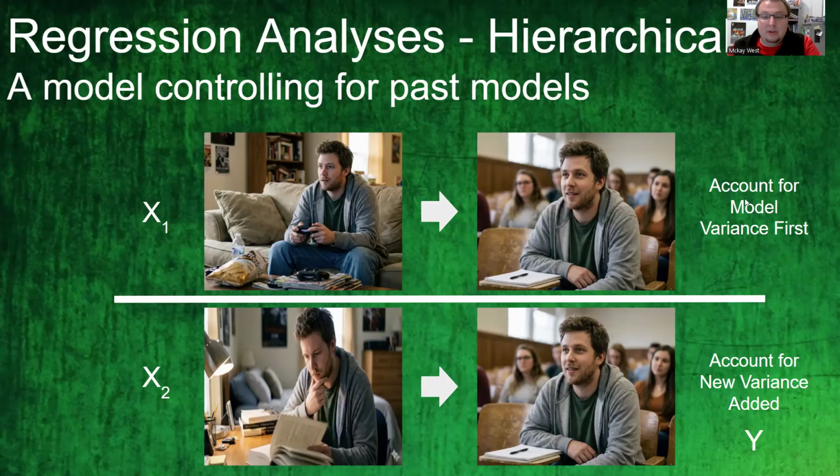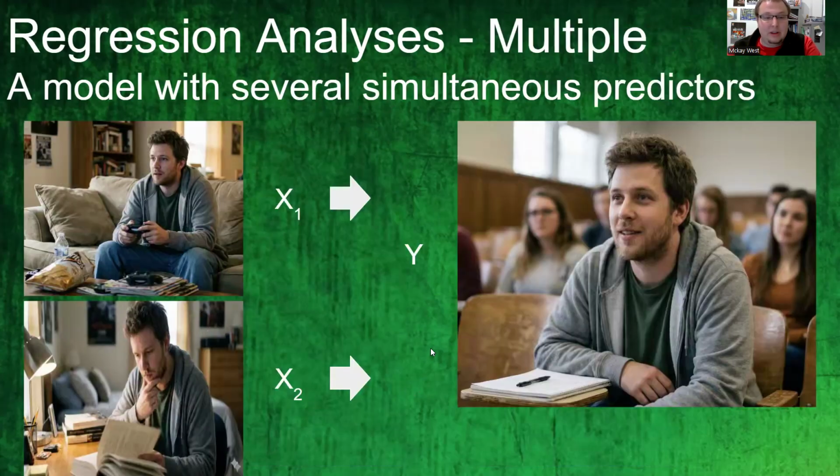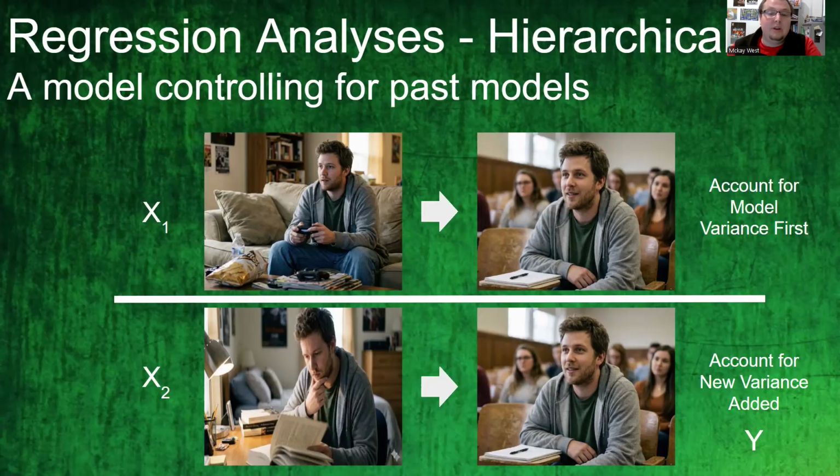In other words, you basically do one model first, and then you stack a second model on top of that to see how much has changed. So that's a different way to answer the same question, looking at them both at the same time versus looking at how they each contribute more variance to a model or a question that we're already exploring. So those are two types of regression.